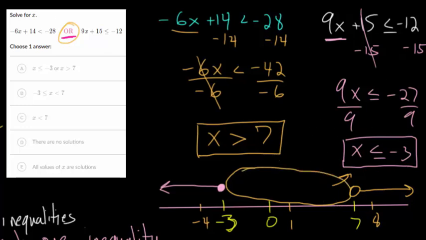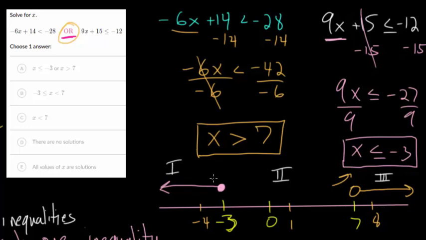So all values in this middle region are not part of our solution set because they don't satisfy either of these. One thing you can do is divide your number line into regions. So region 1, where it's just this one, region 2, where it's neither of them, and region 3, where it's just this orange one here. And then you can go through each region and see if that's part of your solution set.